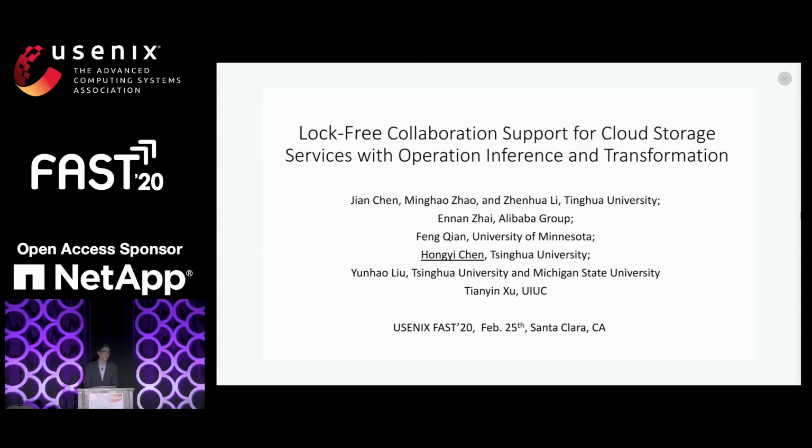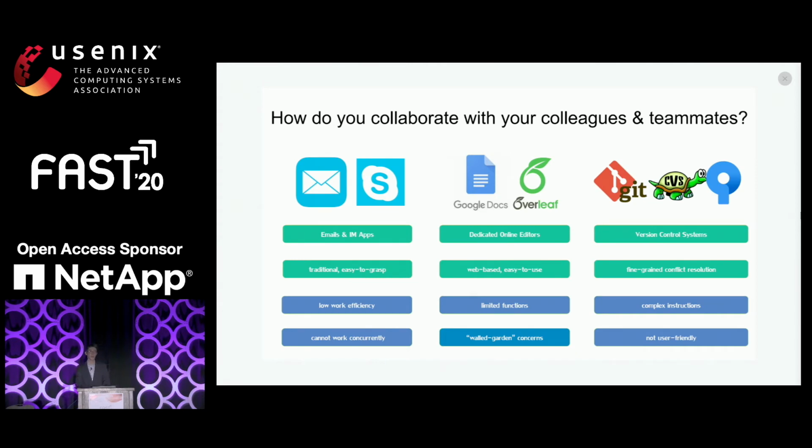In the next 20 minutes, I will try to convince you that we can use a lock-free method to resolve conflicts when we do collaboration in cloud storage systems. So how do you collaborate with others? Email is not efficient because you cannot work concurrently. The functionality provided by online editors like Google Docs or Overleaf is limited.